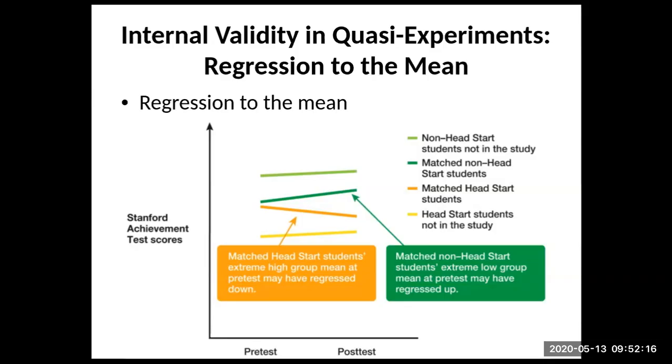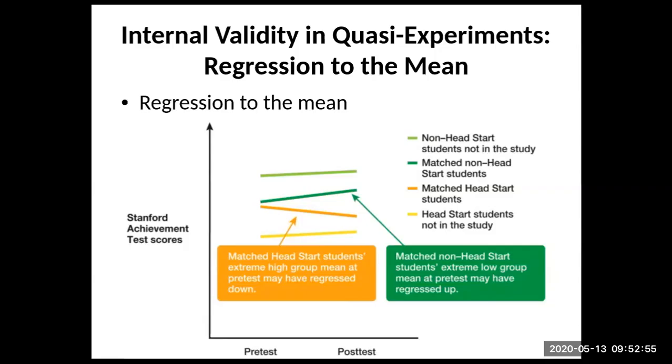So you can see on the left in orange that we match the Head Start students group, and we match the non-Head Start students group. The problem with a matched design in this case is if there is truly a discrepancy between just the students, right? Just the children that are taking it. There may be a problem here. So one of the biggest internal validity threats here could be regression to the mean, because if you're matching up students, you might be getting high achieving Head Start students being matched up with lower achieving non-Head Start students.